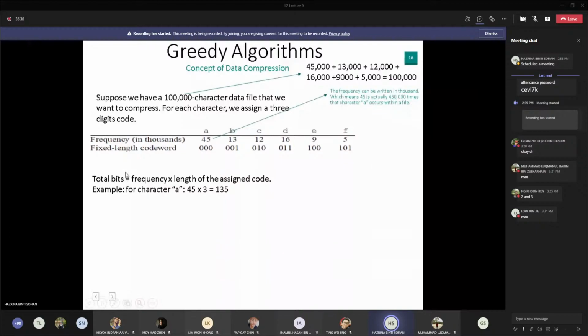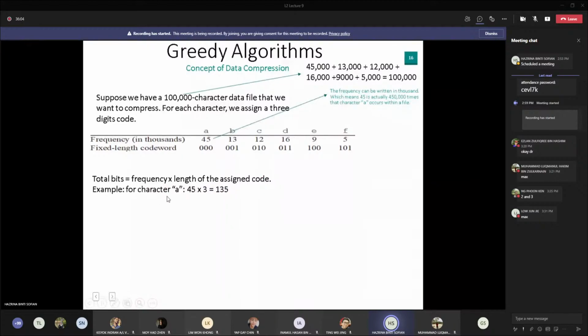So the total bits after the compression, we won't go so far about this code word, but the concept of data compression is that the total bits is the frequency of the character times the length of the assigned code word.